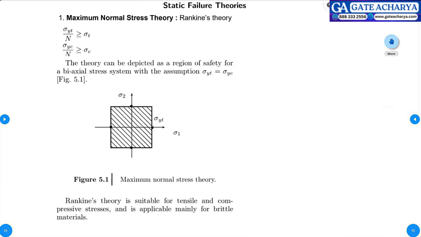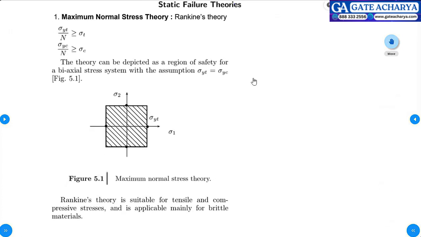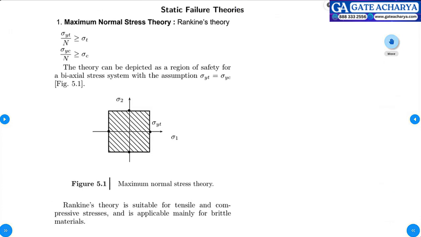So here we make an assumption: sigma yt is equal to sigma yc. Is it correct? Can anybody speak against this? It's just an assumption, but it's not possible. Why is it not possible?